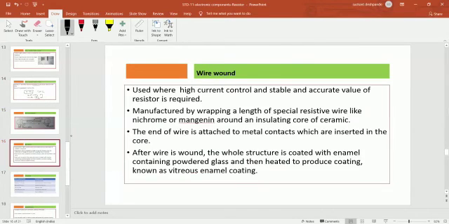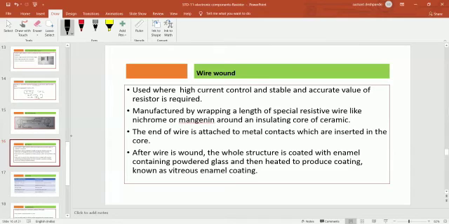The characteristic of a wire wound resistor is that it gives a stable and accurate value of resistance. So if we require a stable and accurate value of resistor, then we use a wire wound resistor. How is it manufactured? It is made by wrapping a length of special resistive wire, instead of carbon material, like nichrome or manganese, around an insulating core of ceramic.